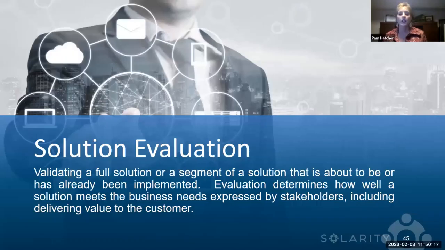All right, so here we are at our final business analysis knowledge area, which is solution evaluation. Have we validated the solution? Here it is. Has an evaluation been done on how well the solution meets the business needs and how well it was delivered?